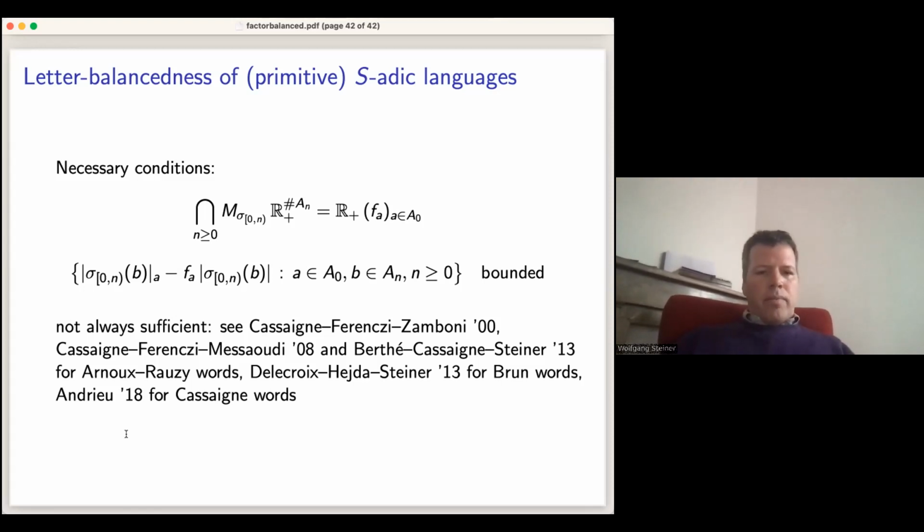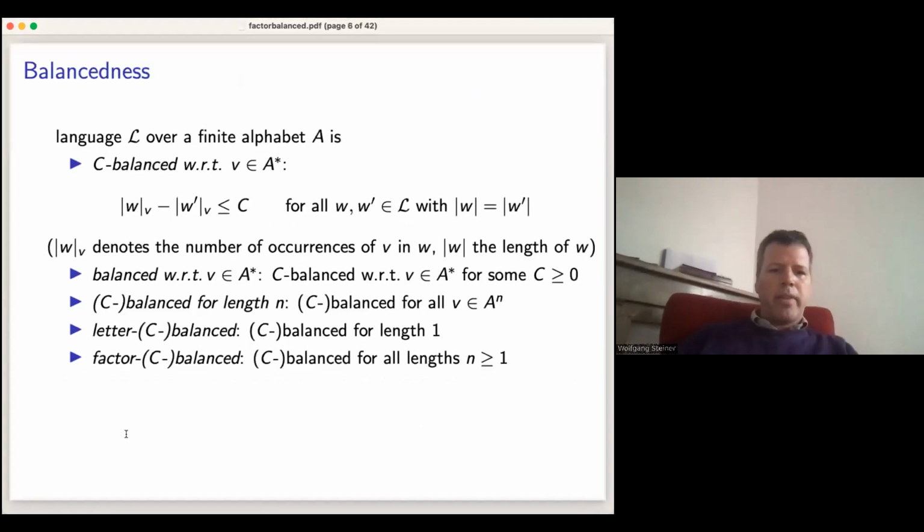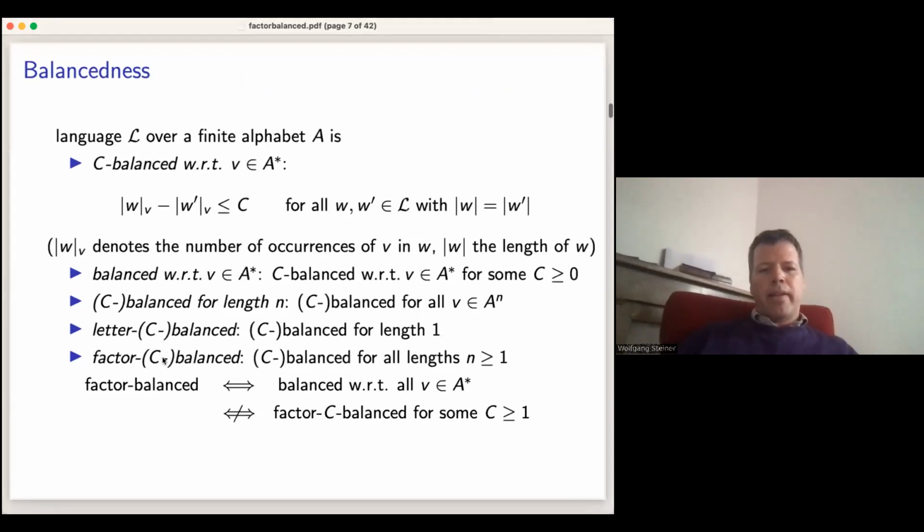I haven't prepared a slide for open questions, but I just wanted to mention one question. It was about factor C-balancedness.